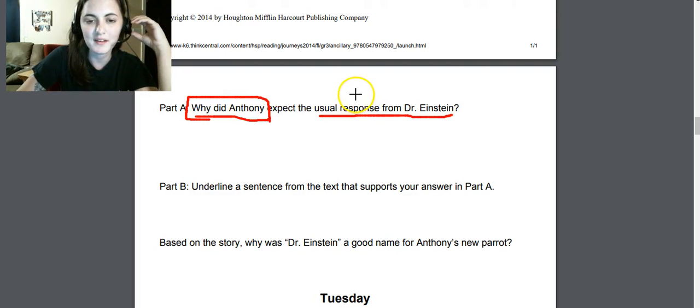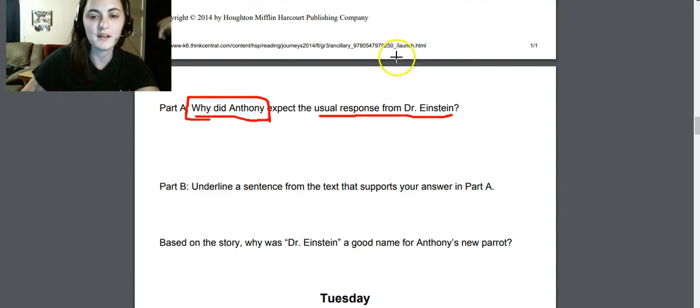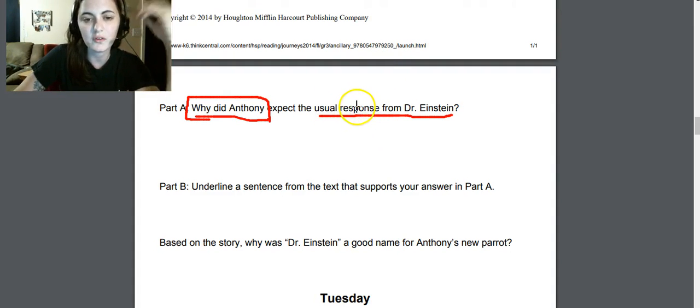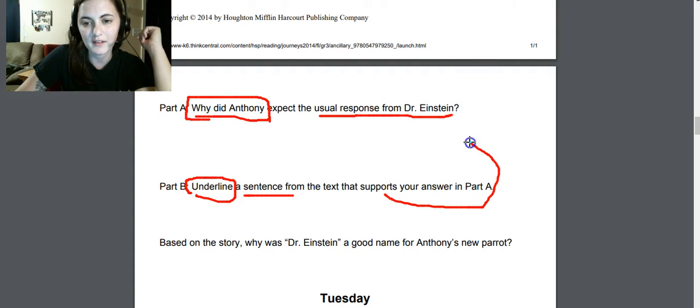Remember, a response is talking back to somebody, not in a rude way, just responding to somebody. A usual response is what Dr. Einstein says normally. This is underline a sentence from the text to support your answer.